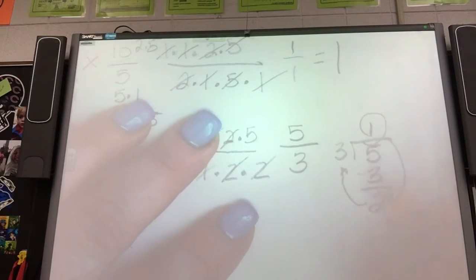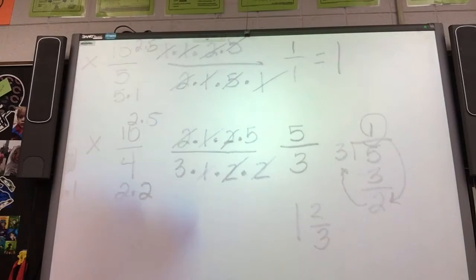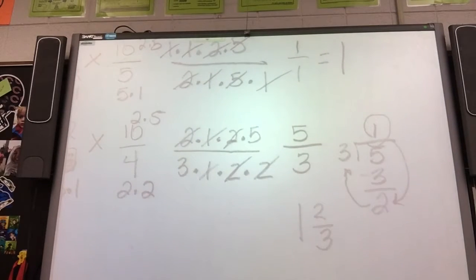So your answer would be 1 whole and 2/3. 1 and 2/3 would be your answer for that one. So if you need to make this improper fraction, bigger numbers on the top, that's improper. You divide, what's on top is your whole number, and then follow it like a clock, numerator, denominator, 2/3.